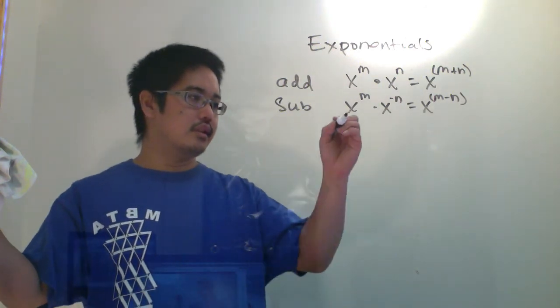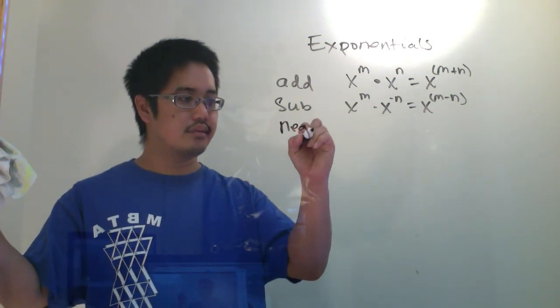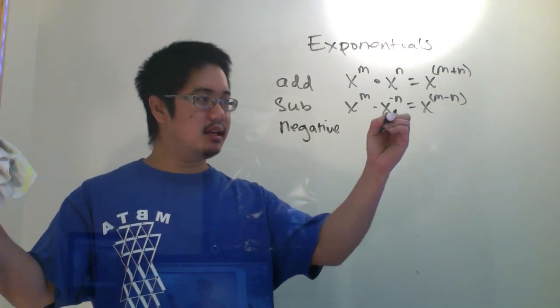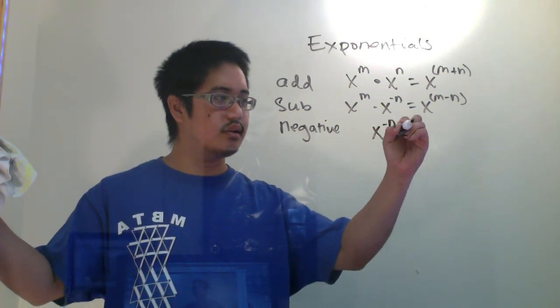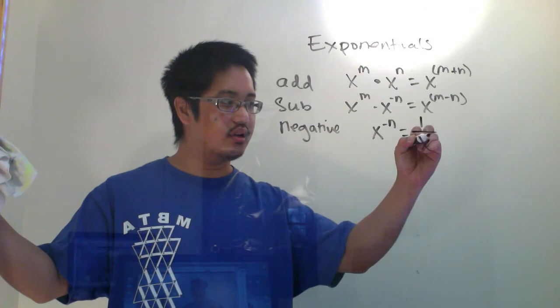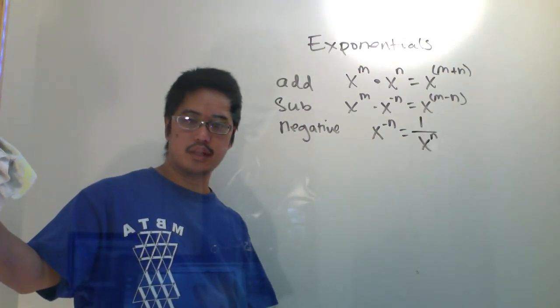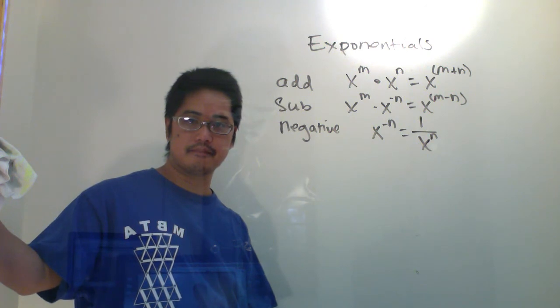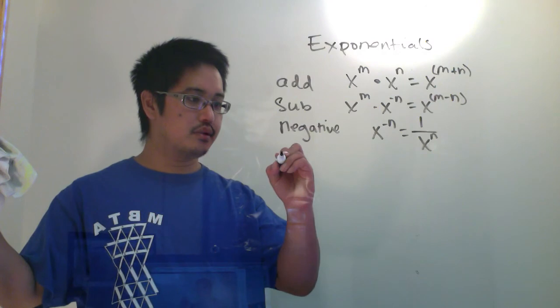All right. Negative exponents. Speaking of x to the negative n, x to the negative n is the same as 1 over x to the positive n. We cool with that? Multiply.